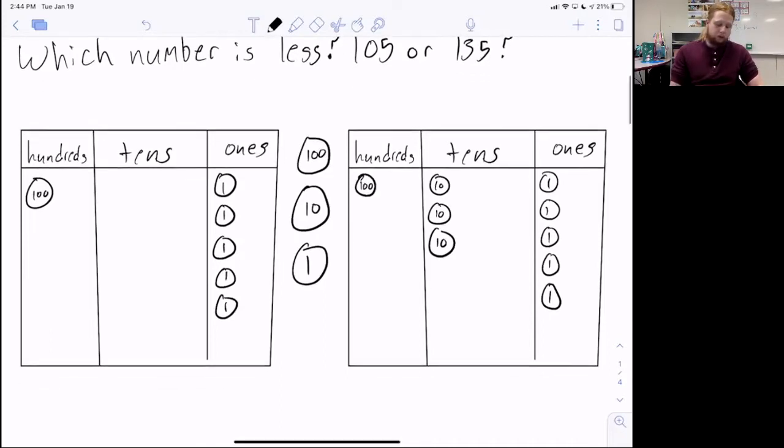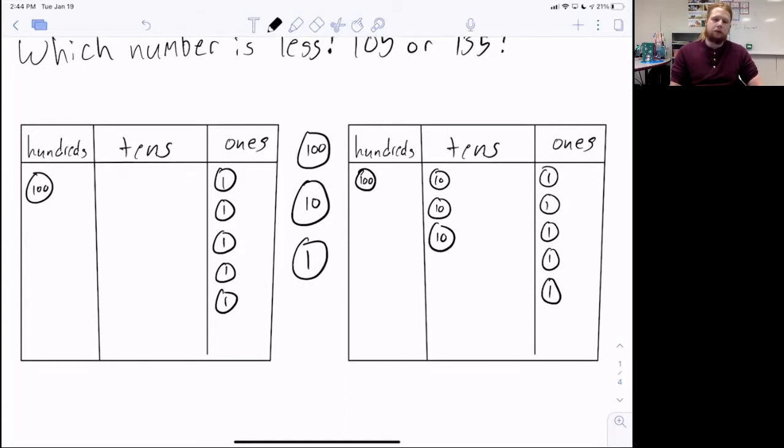Now, in order to compare these, we just compare from left to right. So let's compare hundreds first. Well, there's one 100 here and one 100 here, right? So they're equal still. Now we go to the next spot, tens. There are 0 tens here and 3 tens here. Look, there's a difference in numbers.